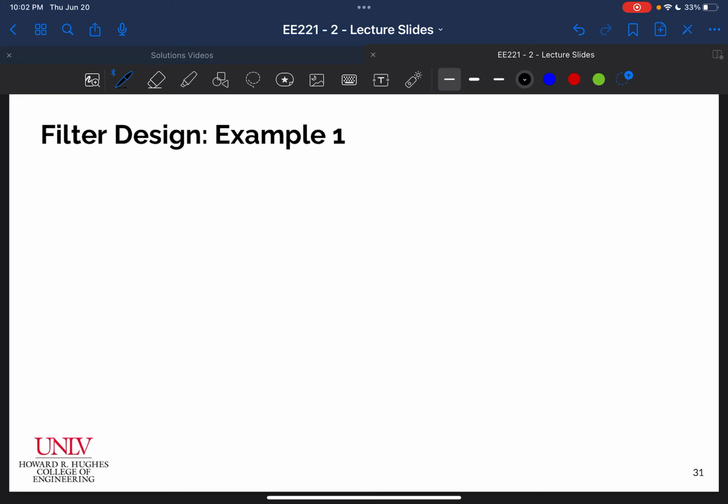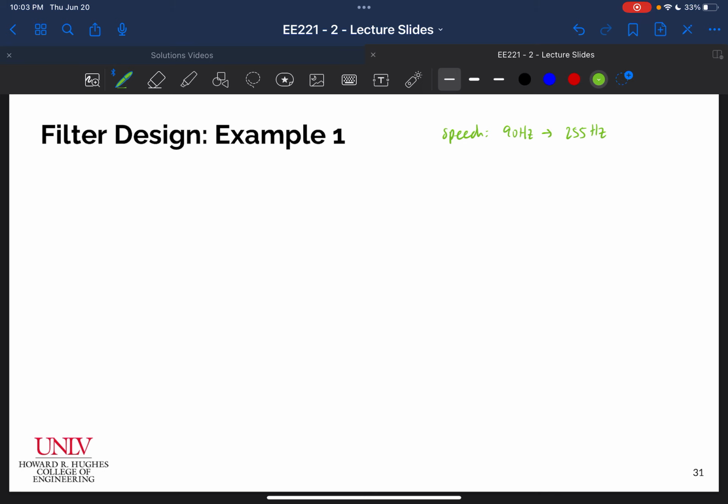So I wrote some instructions here. It says a meeting audio, so some kind of a voice meeting, was recorded and needs to be reanalyzed. The speech audio was between 90 hertz and 255 hertz.